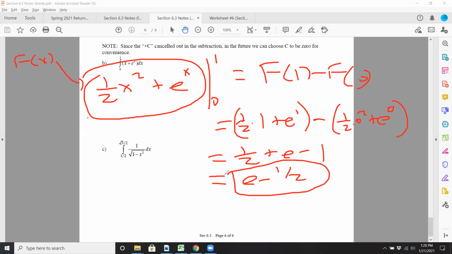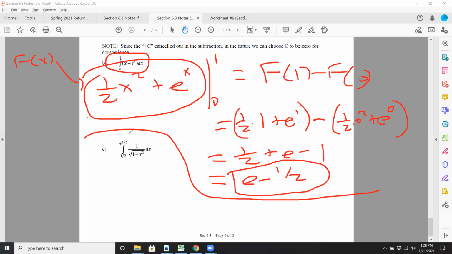That's that one. And again, you can plug in your calculator and you'll get a weird decimal. And if you work out e minus 1/2 in your calculator, you also get a weird decimal. Those weird decimals will be the same. If you do the numerical integration of this in the calculator using alpha window option 4, or just type in e minus 1/2, those would be identical.